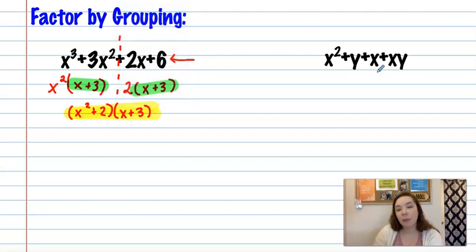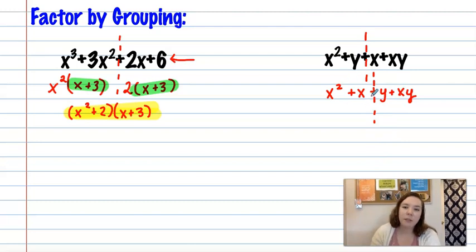Now, sometimes they're not in the correct order for you to factor by grouping. If I divided this one as is into 2 groups, I don't have any common factors here. So what I'm going to do before I divide it into 2 groups is flip these 2 middle terms. And now I'm going to divide it into 2 groups so that they each have a common term.